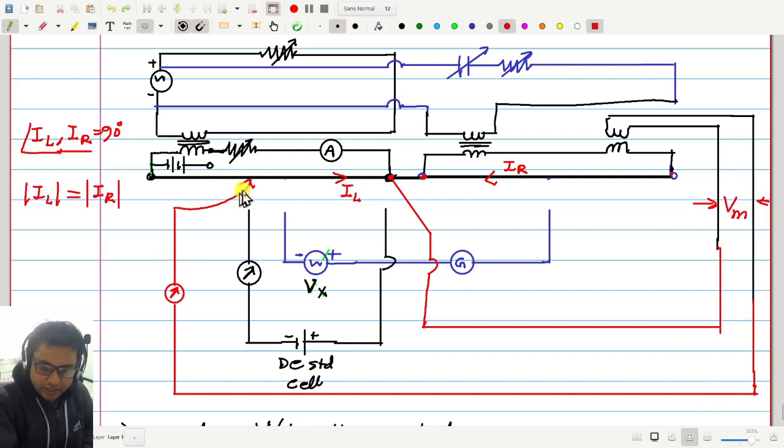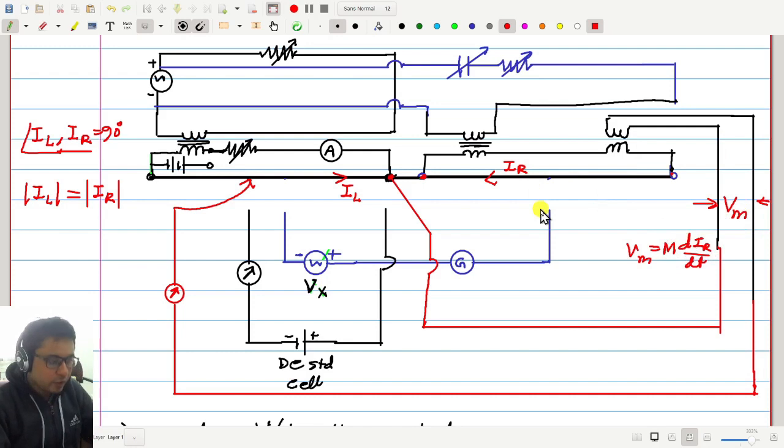When I get balance here, then there is no current flowing in this wire, and this voltage is basically M, the mutual inductance, times dIR/dt. This is Vm. So this voltage and IR will be 90 degrees out of phase.